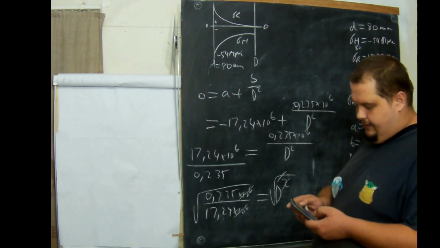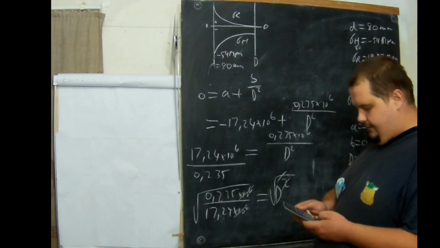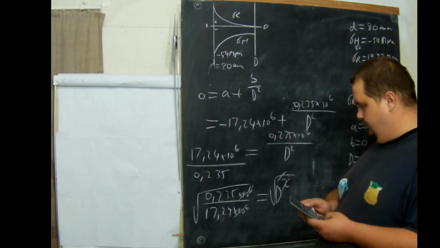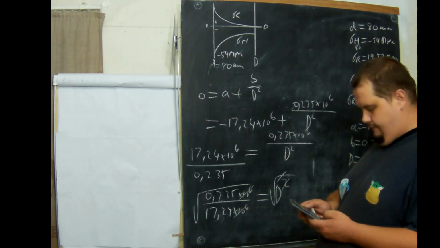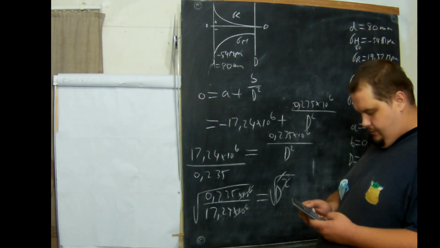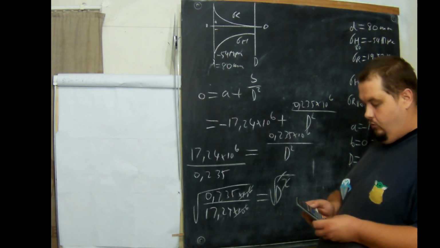So let's put it in our calculators quickly and make sure our math is correct. 0,235 divided by 17,24, all rooted.